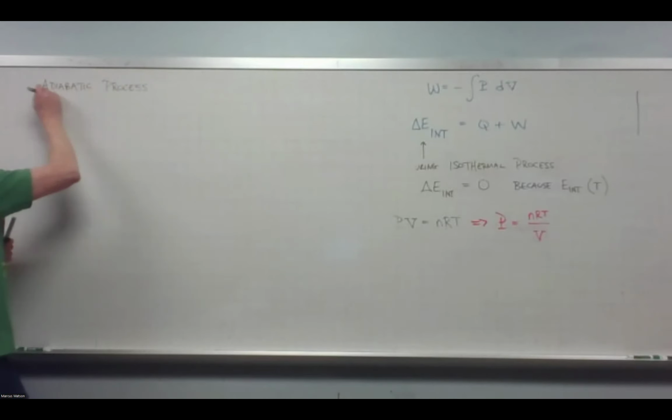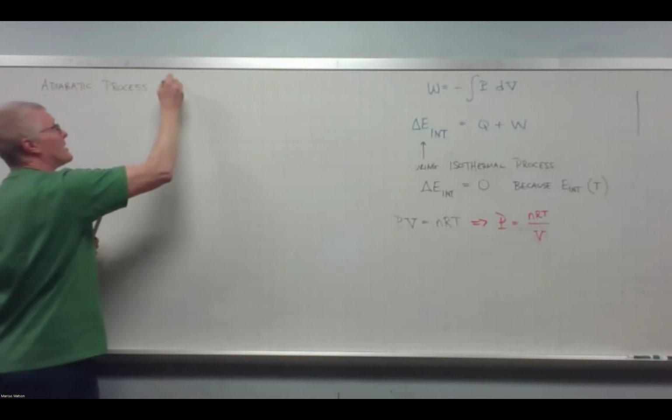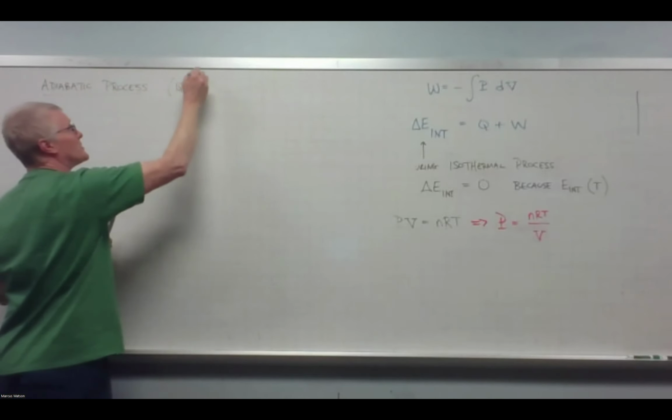But the adiabatic process is the one in which Q is 0. In other words, I have insulated my system. All right, so my piston cylinder device looks like this. Suppose once again, I just assume an expansion. I'm going to take my piston here and I am going to clad insulation all around it.